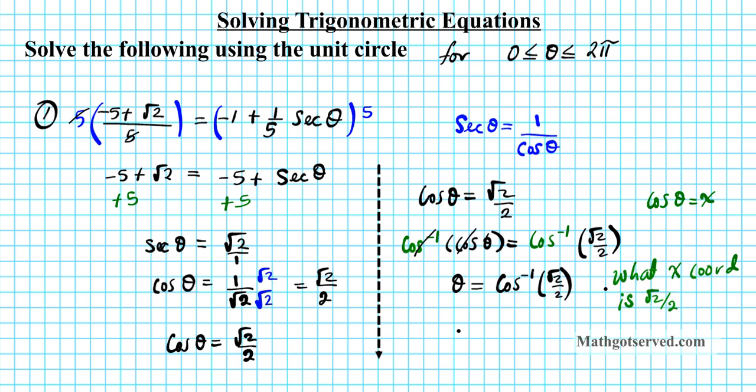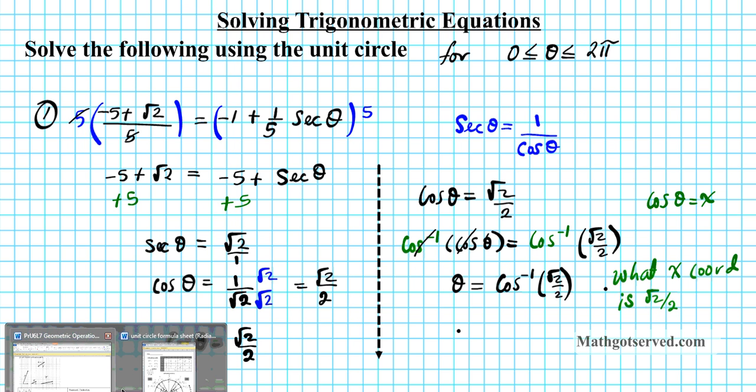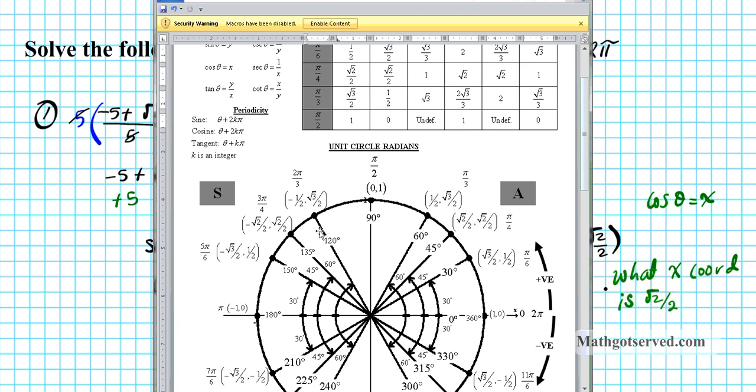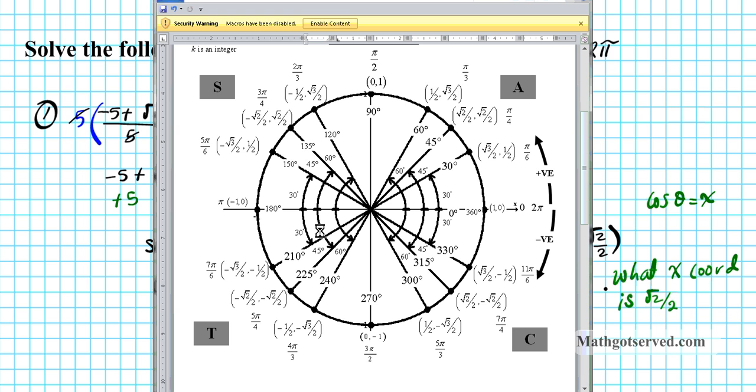Okay, so let's go back to our unit circle. And then take a look at all the x-coordinates that we have here. Which one has root 2 over 2? So notice we have the first one here, pi over 4 is the first one. This is negative. Let's see, this is negative. And bam, this is positive.